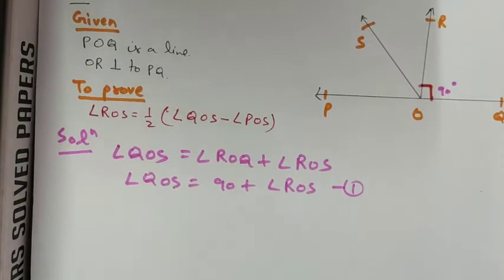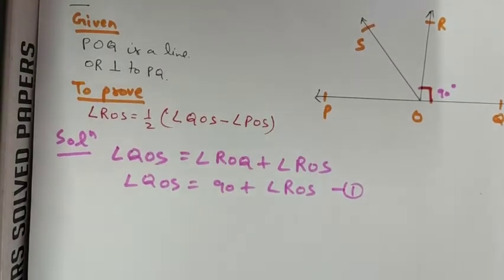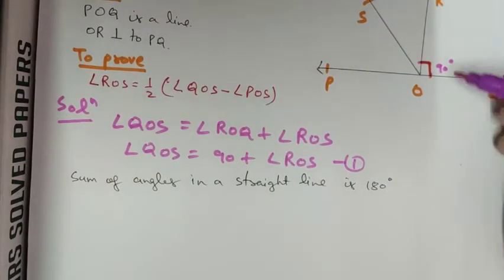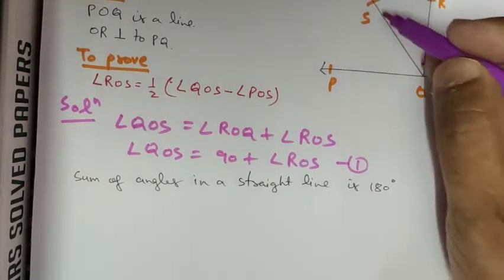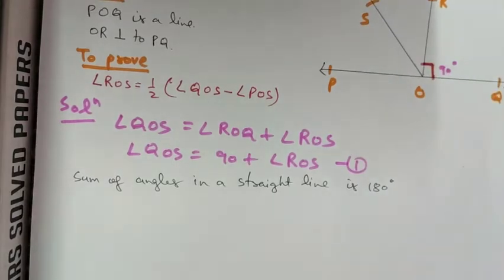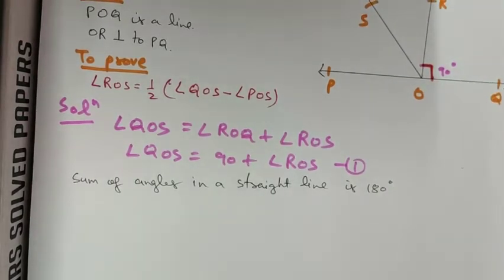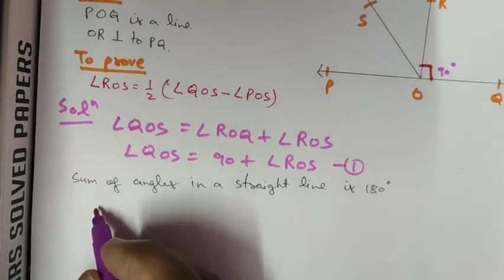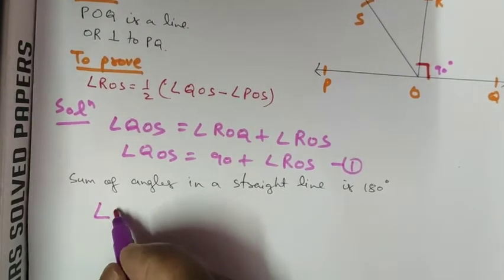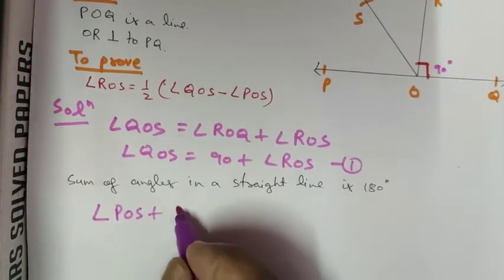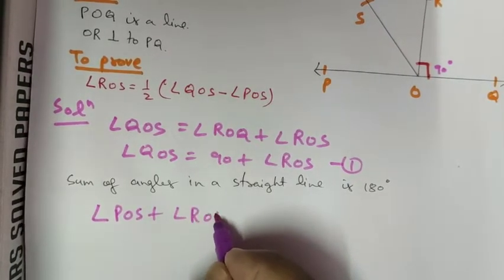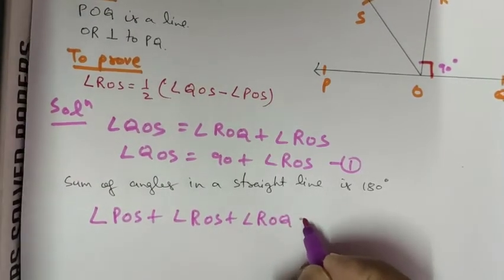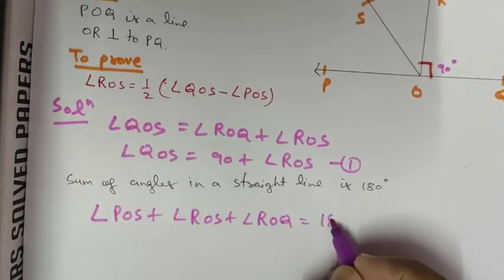Now we can also see that angle ROQ plus angle ROS plus angle POS all will be equal to 180 degrees, because the sum of angles in a straight line is 180. So we can write it as angle POS plus angle ROS plus angle ROQ equals 180 degrees.